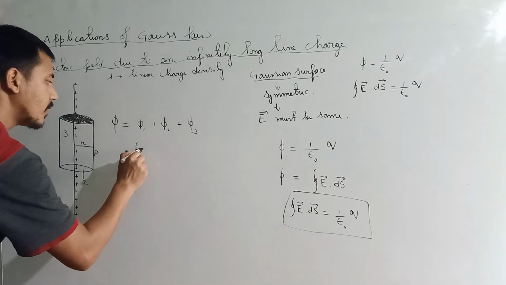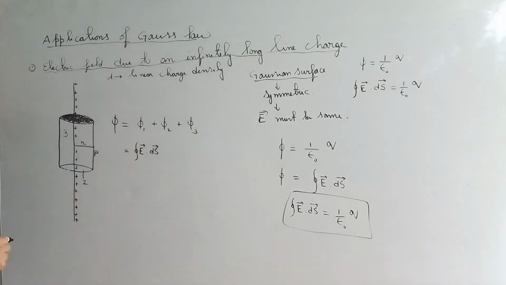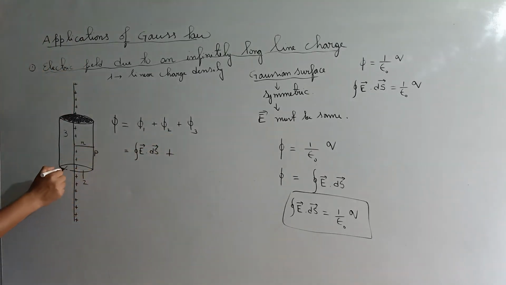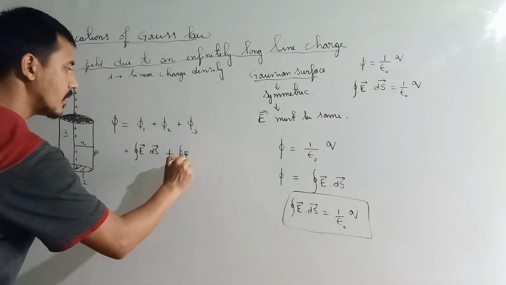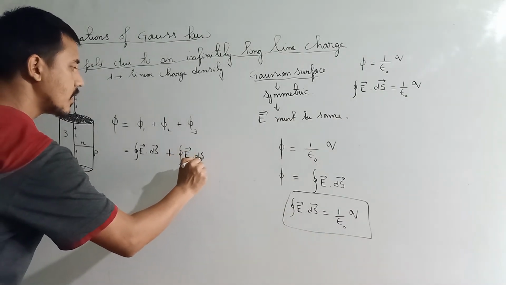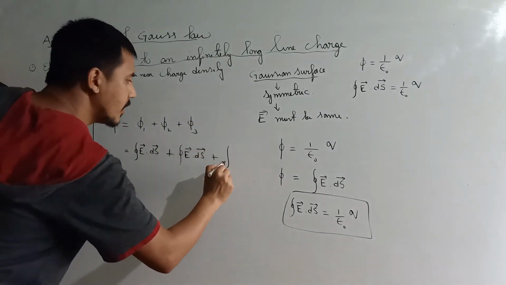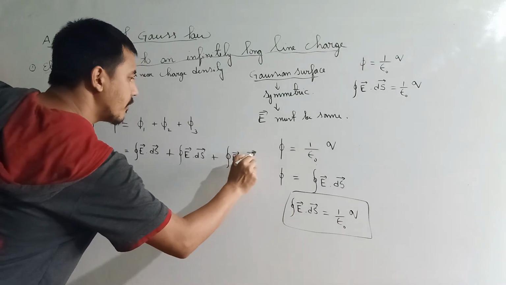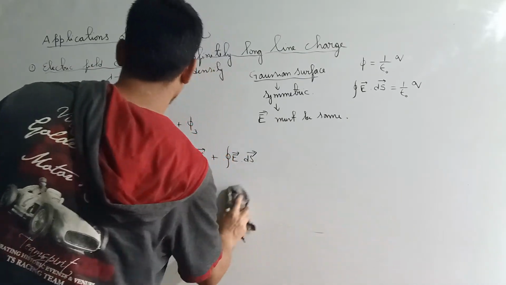Integration of E dot ds, right? Electric flux over this surface 2 will also be given by definition E dot ds. Electric flux over this surface 3 will also be given by E dot ds. Now a very, very important step is coming up.